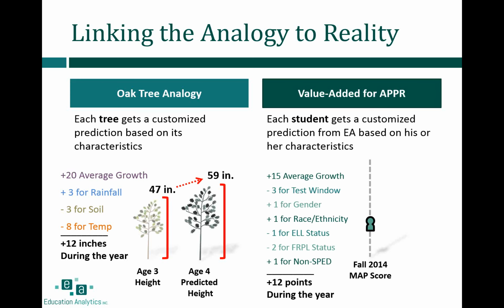So we look at the growth of students with a similar MAP score at the beginning of the year in fall, as well as adjustments for test window, gender, race, ethnicity, ELL status, free reduced price lunch status, and special education status, in order to come up with a customized predicted score for that student at the end of the year. Where would they score on the spring MAP assessment?